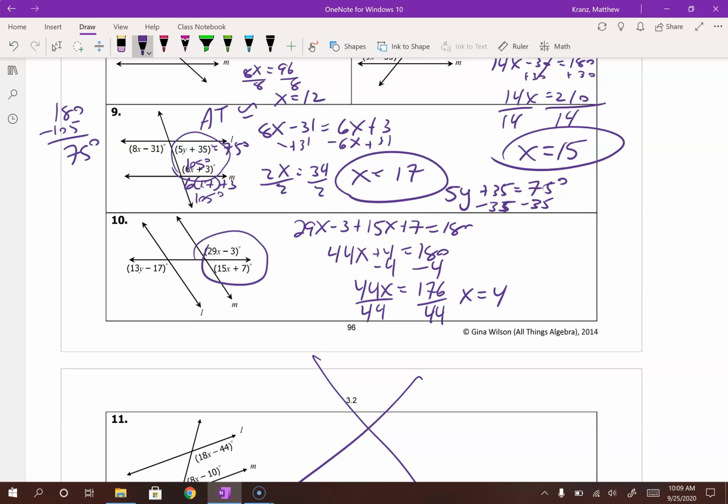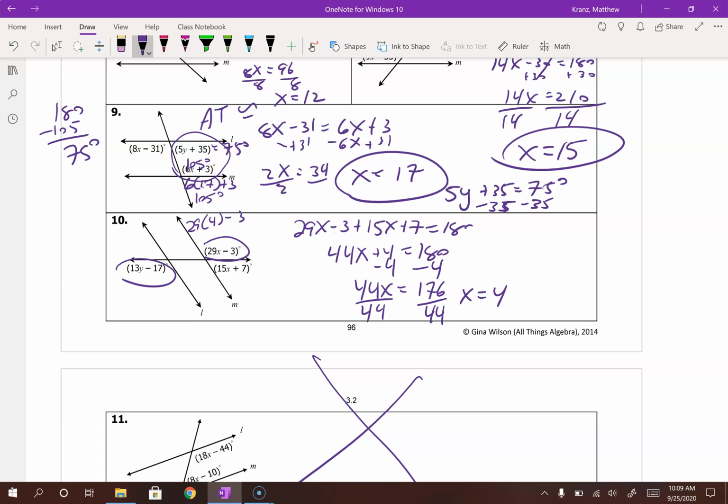x equals 4. So now that I know that x is equal to 4, let's do this one, because this one and this one are alternate exterior. So 29 times 4 minus 3. 29 times 4 is 116, minus 3 is 113.